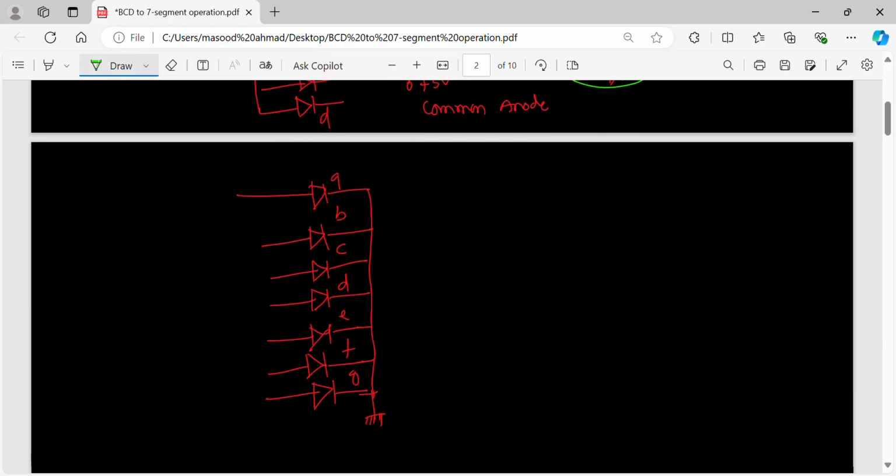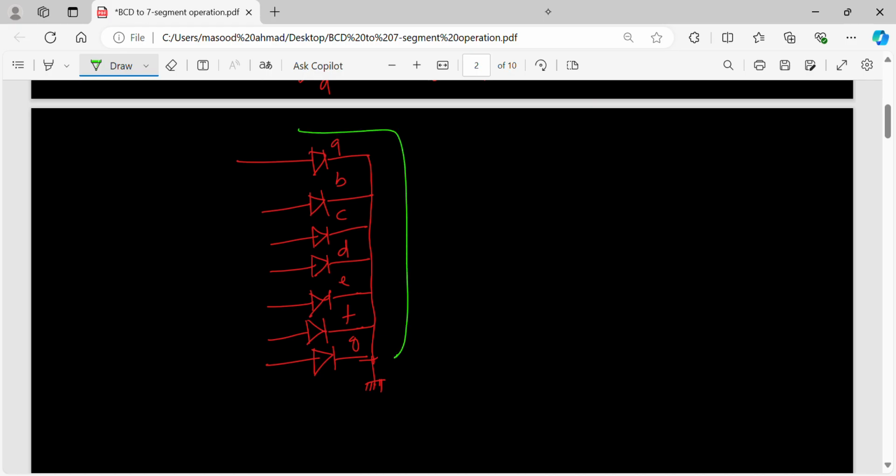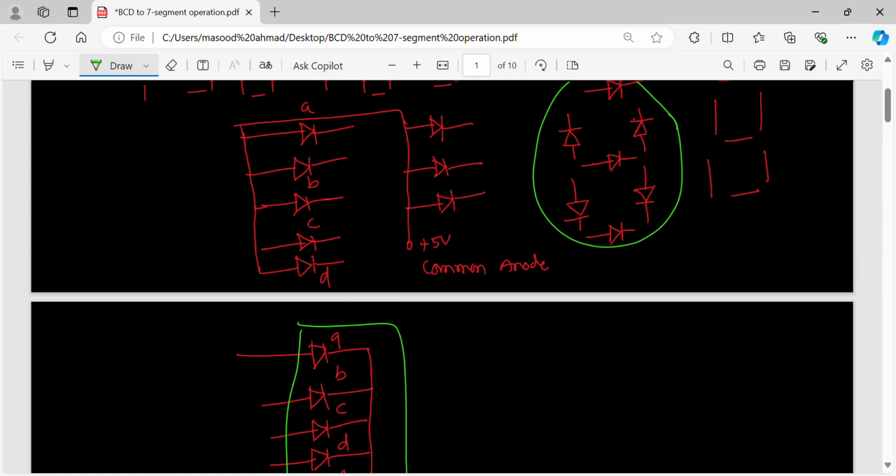Only for the sake of convenience I am drawing at one place. Actually, I have to show them in this pattern.